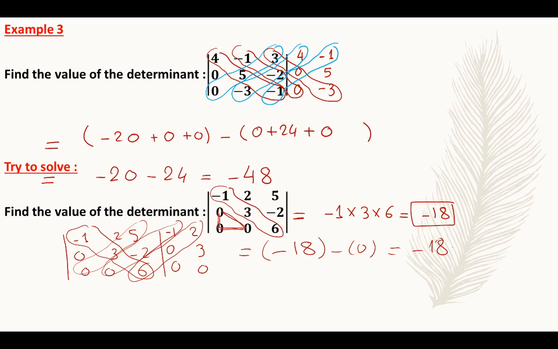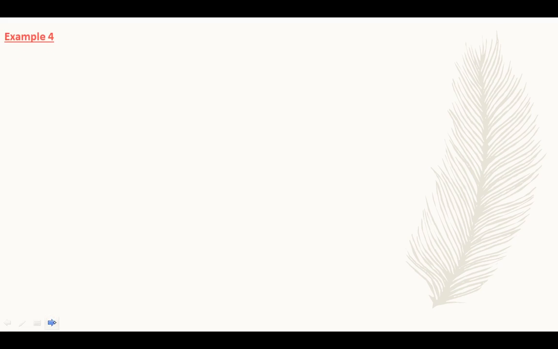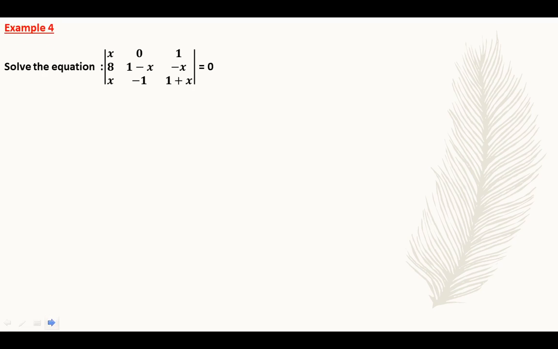Okay, let's go to another idea. Here we want to solve the equation: the determinant of x, 8, x; 0, 1 minus x, negative 1; 1, 1 minus x, 1 plus x, equals 0.